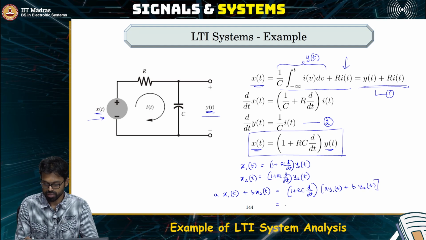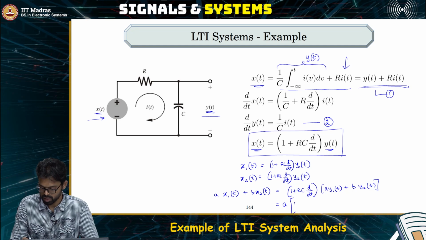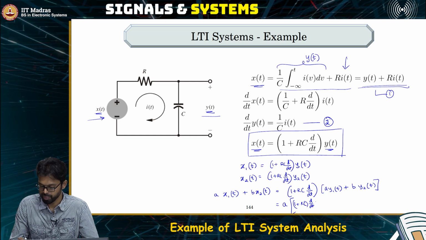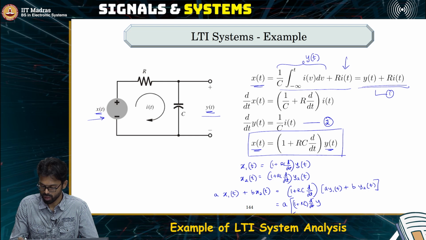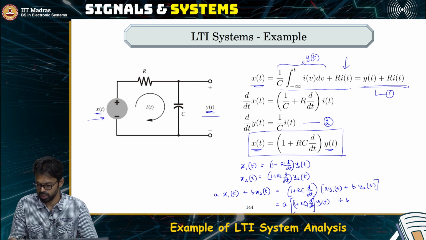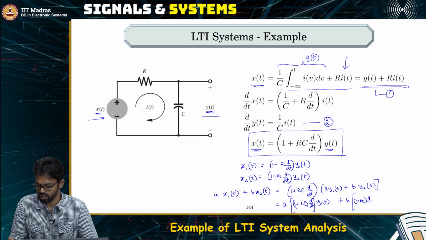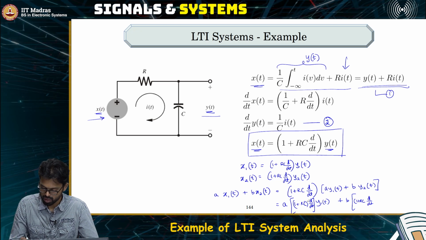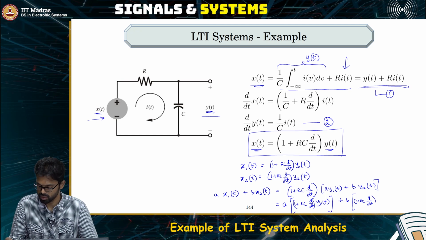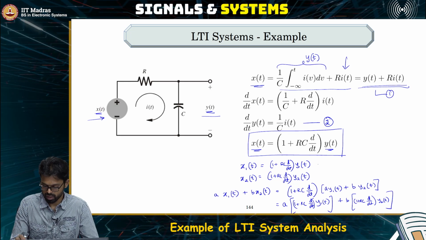Which is exactly of the form that we want to say that this is linear, because this is 1 plus RC d by dt y1 of t plus the same expression here, 1 plus RC, which is the output that we get here and here.